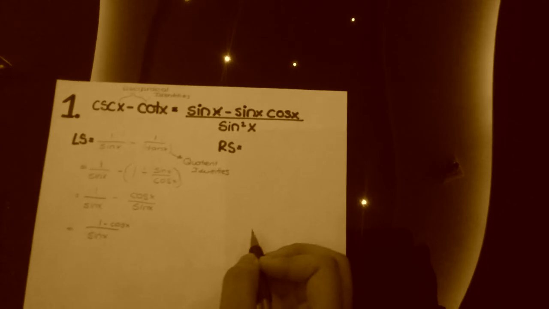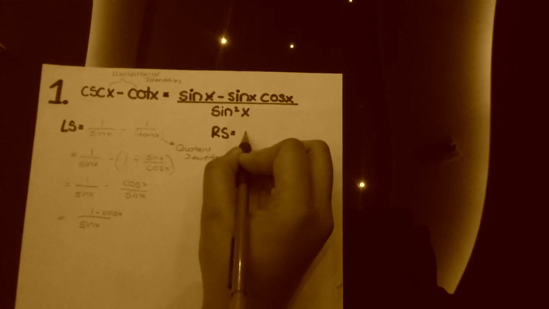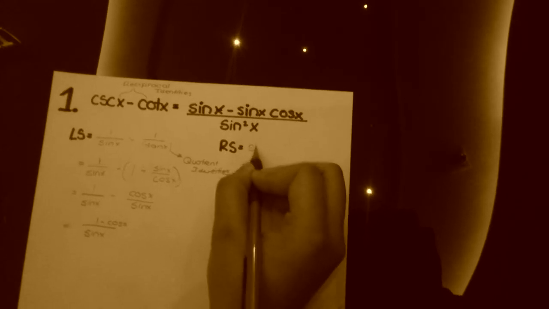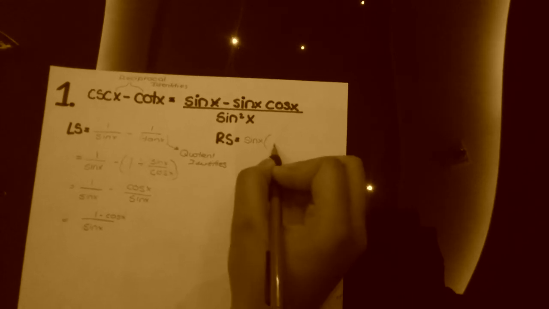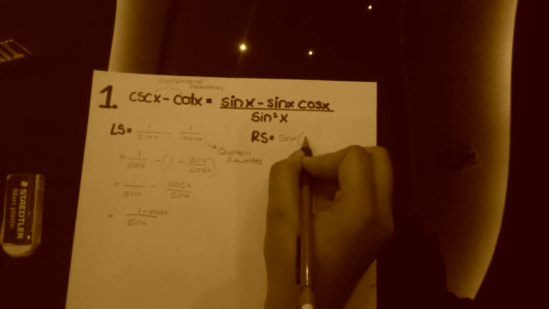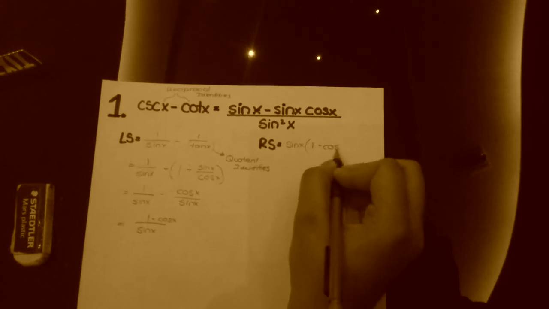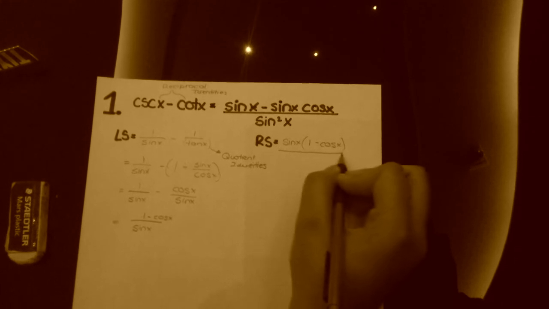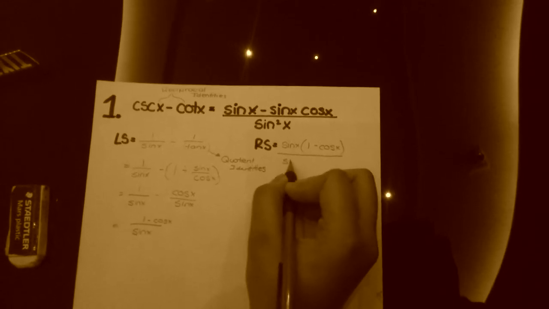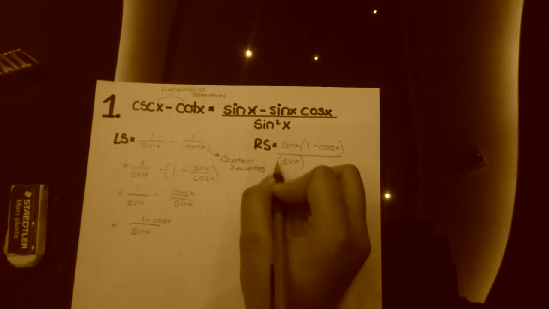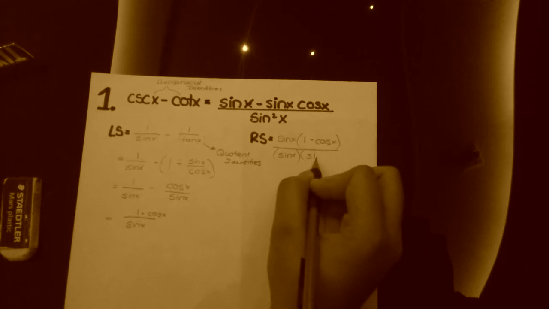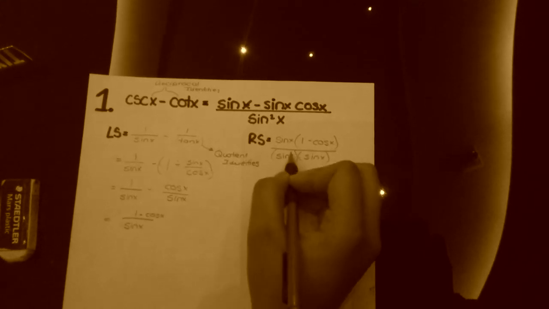For our right side, we first want to simplify. So we want to factor out the sine x. So it would give us sine x multiplied by (1 minus cos x). And for the bottom part, I just like to write down both of them separately so it's easier to see the square.